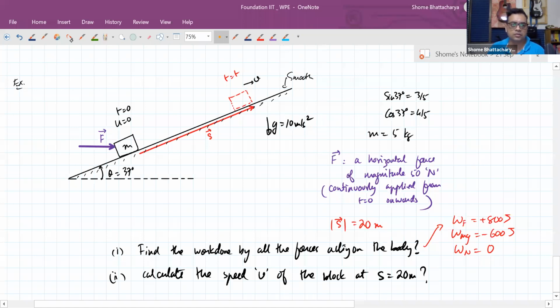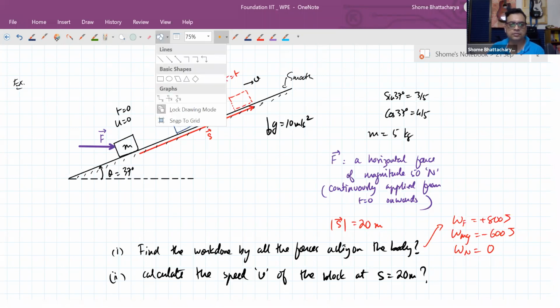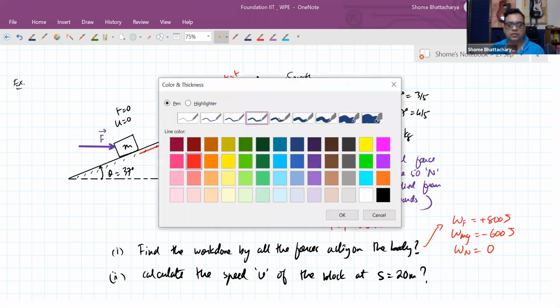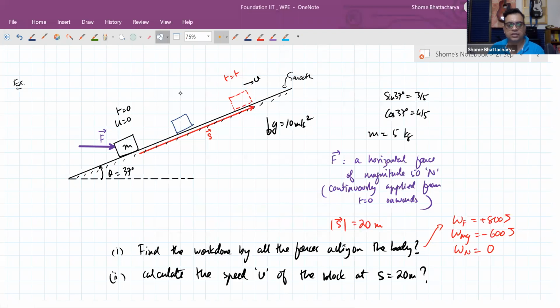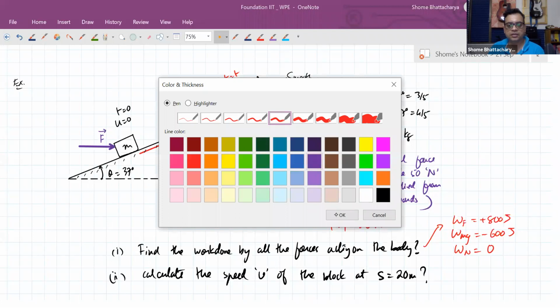Okay. So you can see that as this block is moving, there are three forces acting on it. Okay, there is gravitational force acting vertically downwards. Okay. Then there is this horizontal force that the external agent is applying.